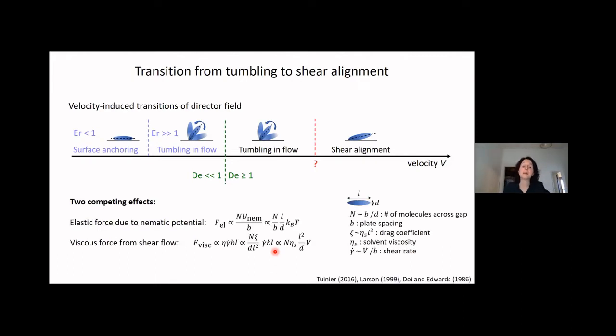And so we can account for these 2 competing effects by looking at the elastic forces due to the nematic potential, which we here express in terms of an Onsager-type excluded volume potential, and the viscous forces from the shear flow. Now, the ratio between these 2 forces gives us a measure of this competition.